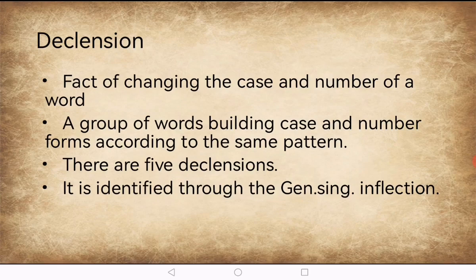Therefore, they will use the same pattern to form the forms of plural, for example, etc. There are, all in all, 5 declensions in Latin language. And we can identify them through the genitive singular form.